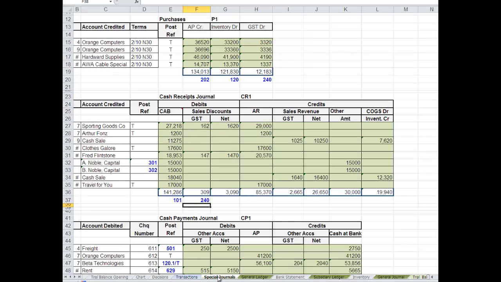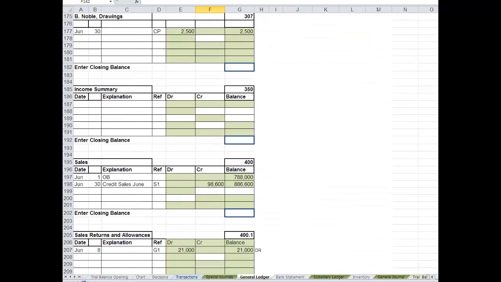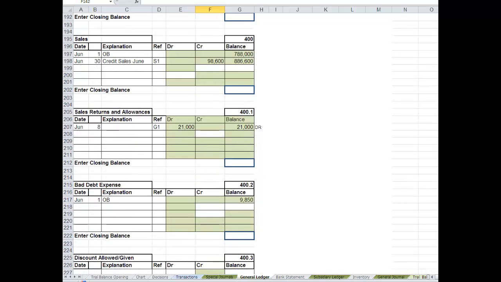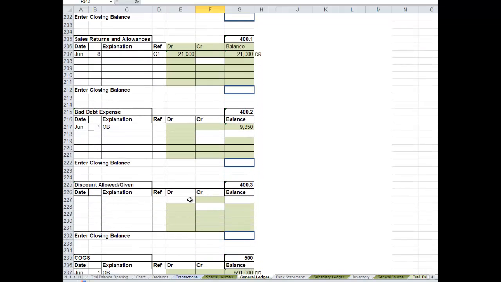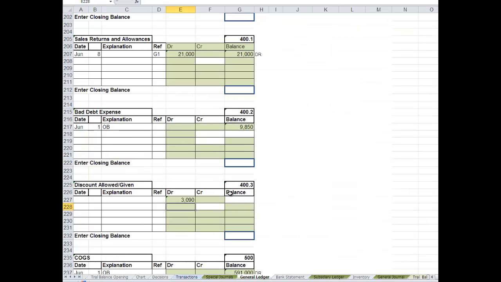Special journals, the net sales discount, so this will be discounts, general ledger, down to discounts, sales discounts, and June 30. Discounts will always come in cash receipts. Well, I guess there's always circumstances where something can pop up somewhere else.